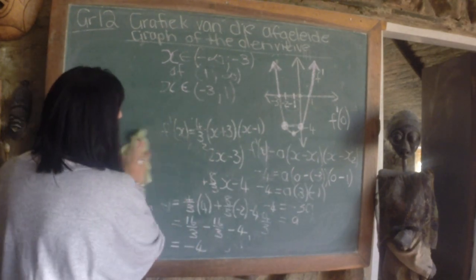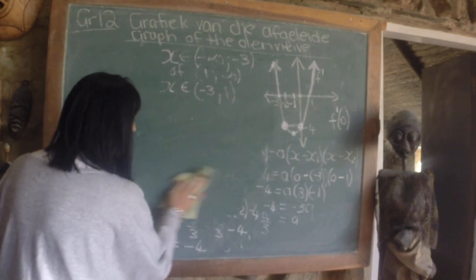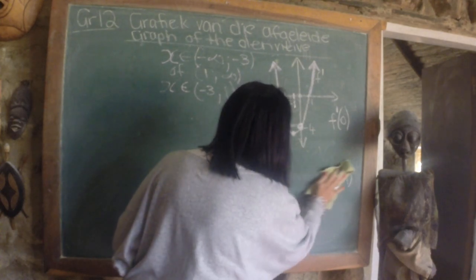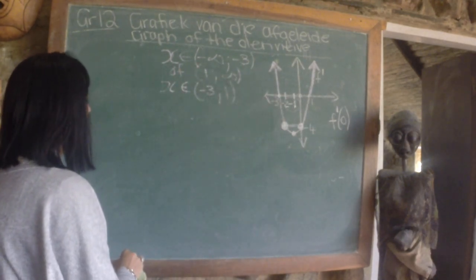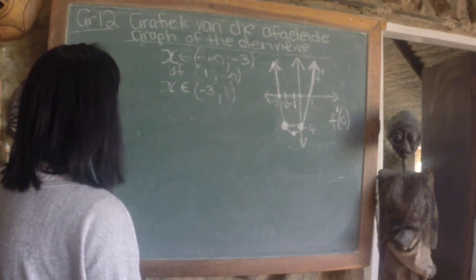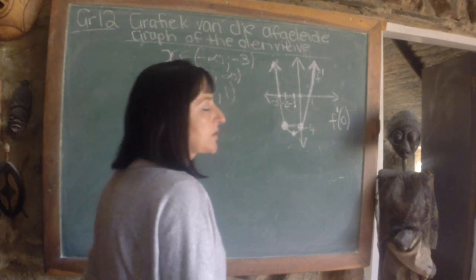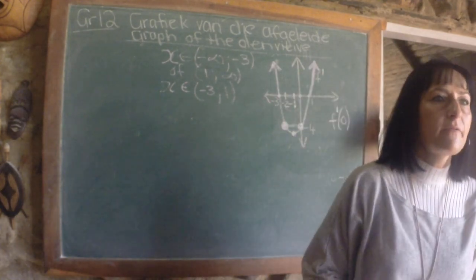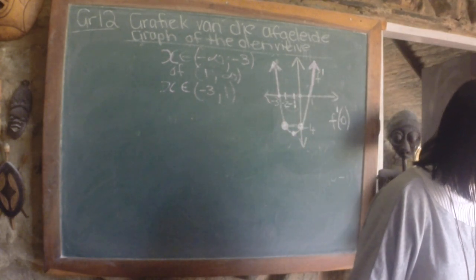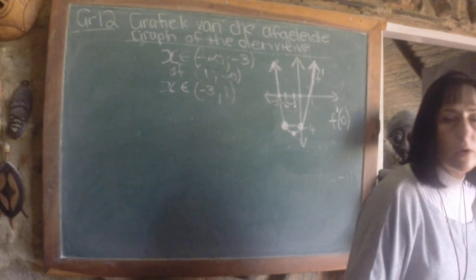Wat gee vir ons konkaviteit? As jy jou leerwerk ken, concavity is being determined by the second derivative. Okay. If the second derivative is positive, then it's concave upwards. If the second derivative is negative, it's concave downwards.